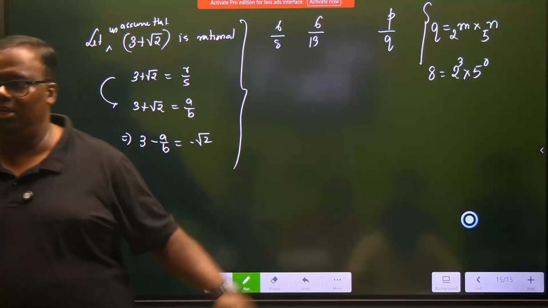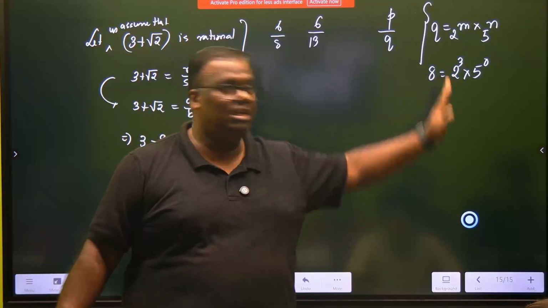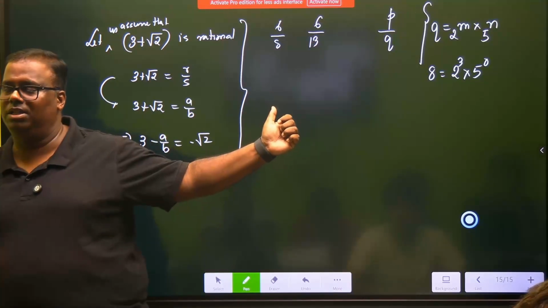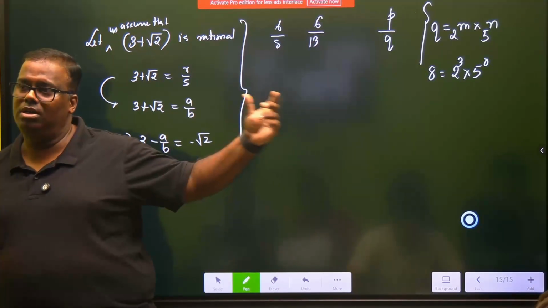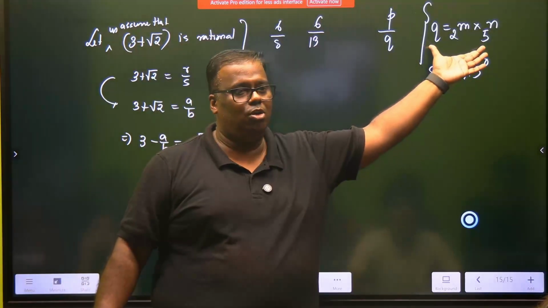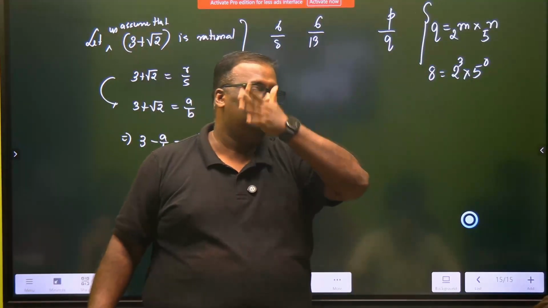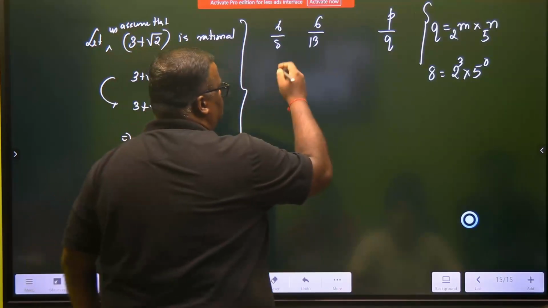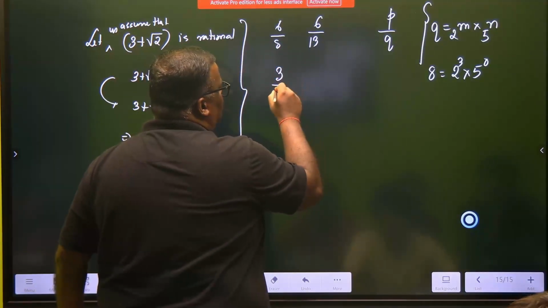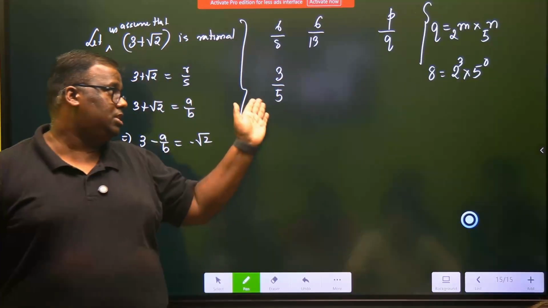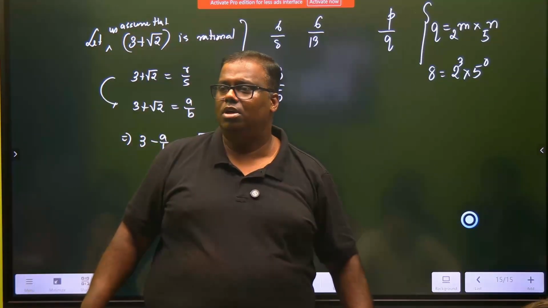This will not terminate. Because 13 you cannot write like this in any way. Keep this trick in mind too, it helps. Whether a number will terminate or not, take the denominator and try to express the denominator like this. You may tell me, sir, there is no 2 at all. Say you have a number 3 by 5, will this terminate? You will say, sir, where do I produce a 2 in 5? Well, you can bring 2 to the power 0.